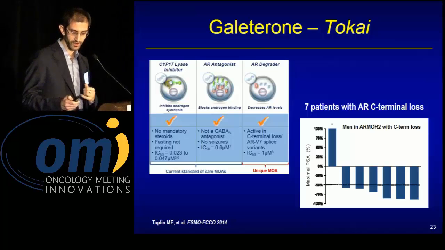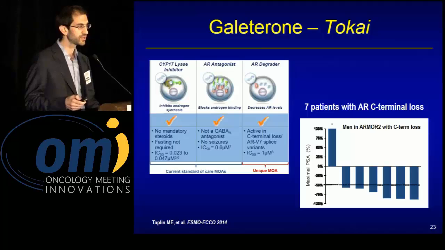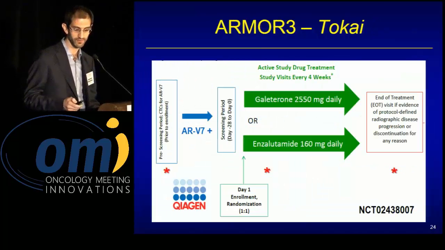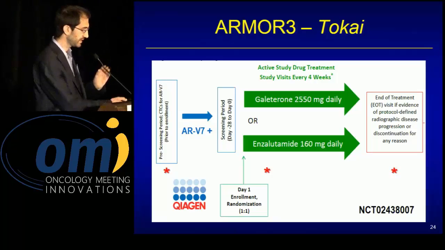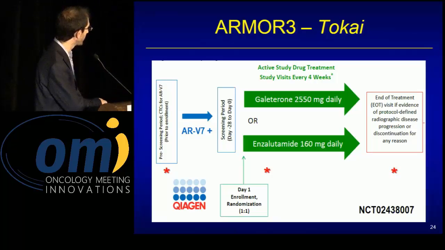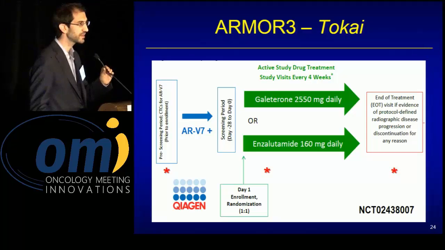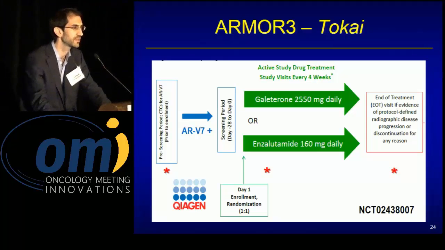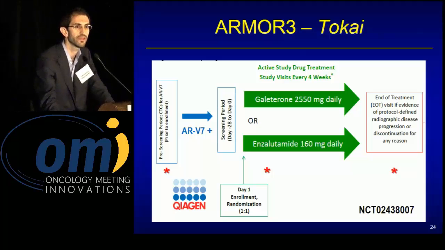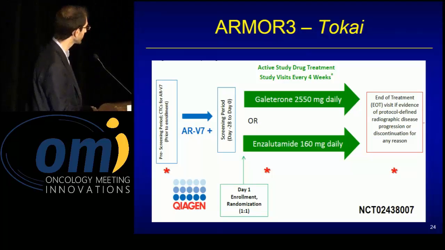So the company got very excited by this, and they jumped right into a phase 3 study, believe it or not. And this is the design of the phase 3. It just opened last week. This is going to be a biomarker selection trial design. So patients with castration-resistant prostate cancer who have not received enzalutamide, have not received abiraterone, and have not received a taxane, so true first-line CRPC patients, are going to be tested for AR-V7.